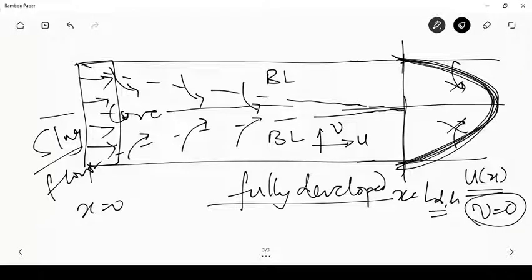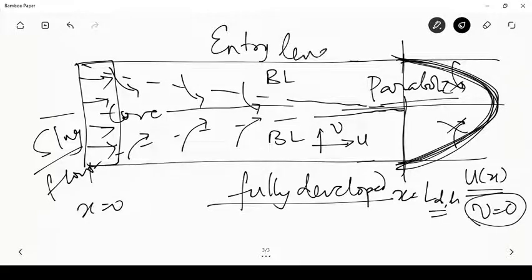The slug flow is nothing but a constant velocity flow, and here you get a velocity profile which we will show is parabolic. The development of the velocity profile from a slug profile to a parabolic profile happens in the region that is called the entry length of the pipe, or the development length of the pipe.